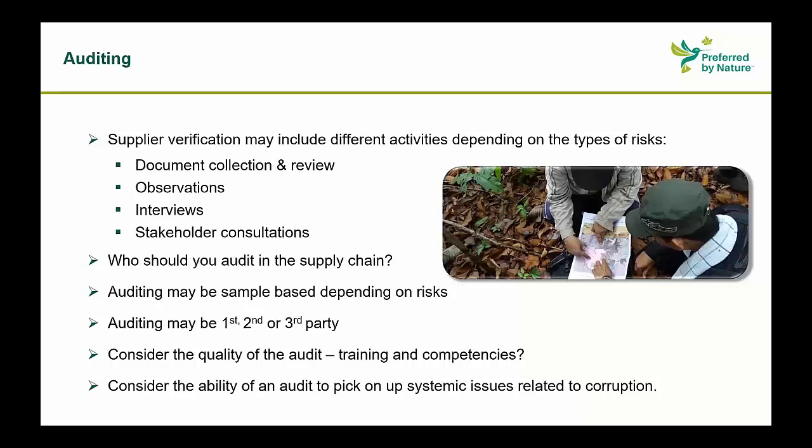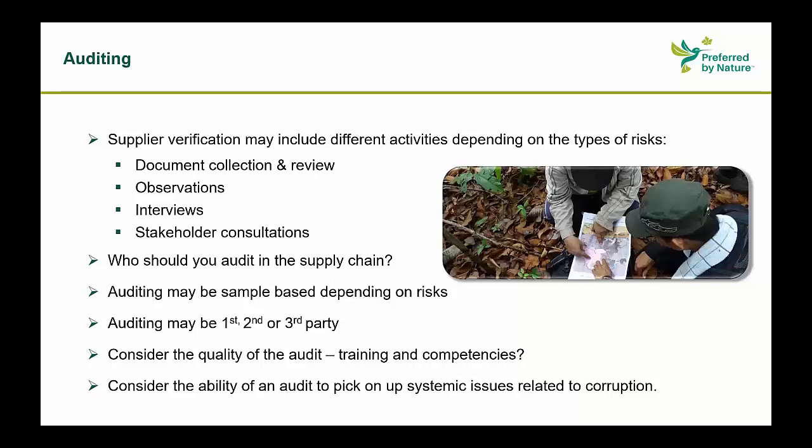If you're auditing at forest level, you might identify a risk or a non-compliance, and then what do you do with it? That audit may only identify it, it might not close it. So it's what do you do with the results of the audit? The audit may help you close risks, but what do you do when you identify them? So I think that's the important thing to bear in mind, that the auditing may be the start of further mitigation measures, depending on what's found.